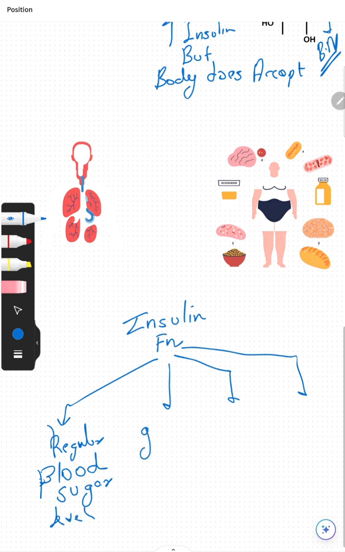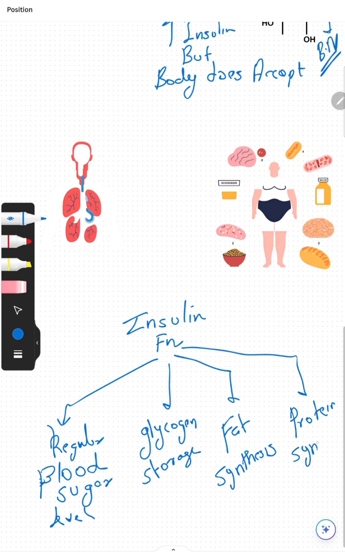Second, it helps with glycogen storage, fat synthesis, protein synthesis, and many more. This is our introductory class.